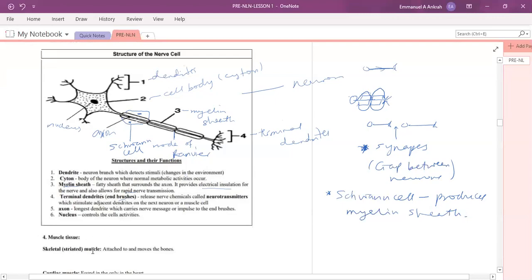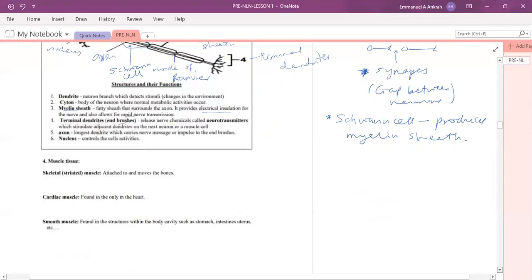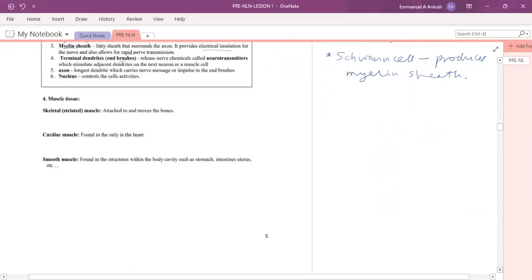And then the last type of tissue we want to look at is muscle tissue. As I said, please look at the diagrams carefully. The diagrams are very important. They give a lot of diagrams that you should be able to identify. So we'll do the same thing for the muscle tissue.